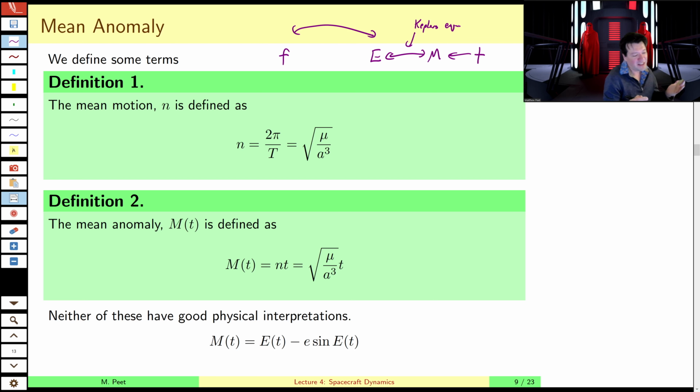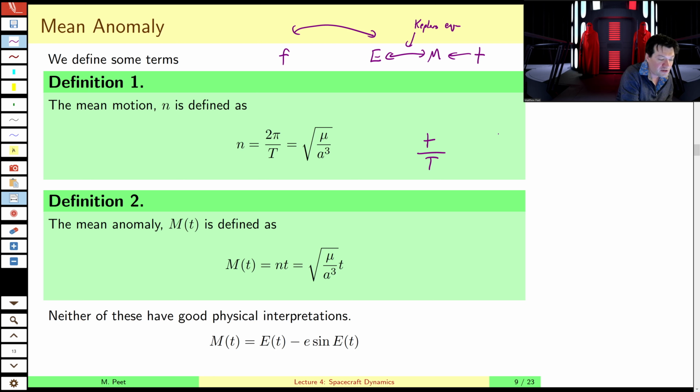Mean anomaly is just a way of representing time as an angle. It's not time swept up, it's just conversion of time to radians, if you will. So basically, if you take time and you divide by the period, it's basically a unit conversion.